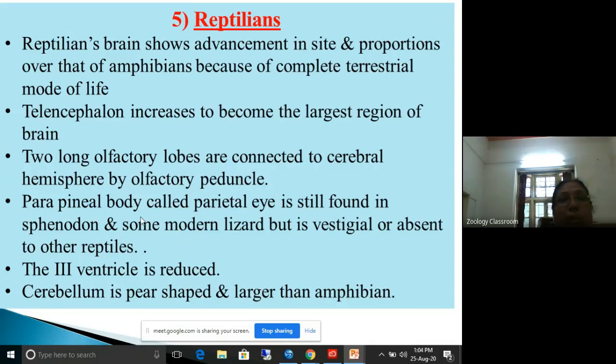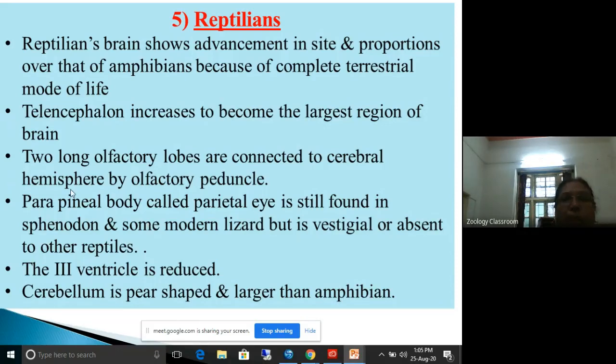In reptiles, parietal and pineal bodies are present only in Sphenodon and absent in other reptiles. The parietal organ is also called the third eye, and it is present only in some reptiles.